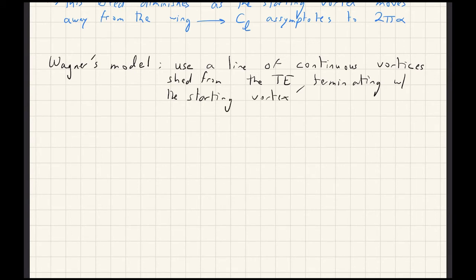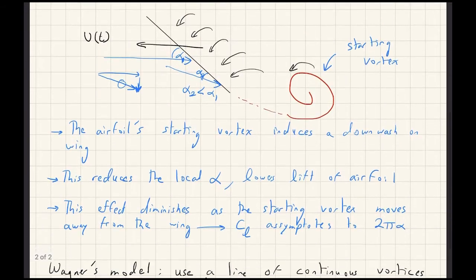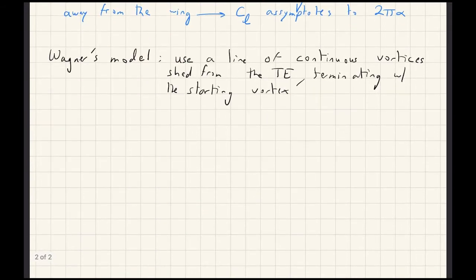So again, if you have your wing right here, he uses a sheet of point vortices starting at the trailing edge and ending at the starting vortex.